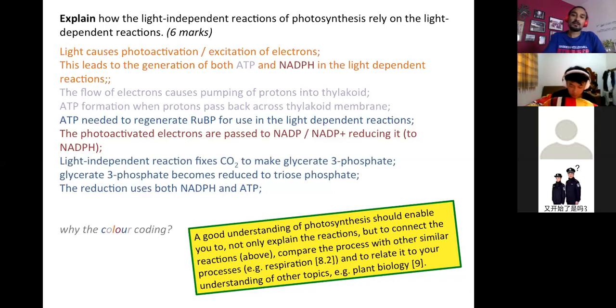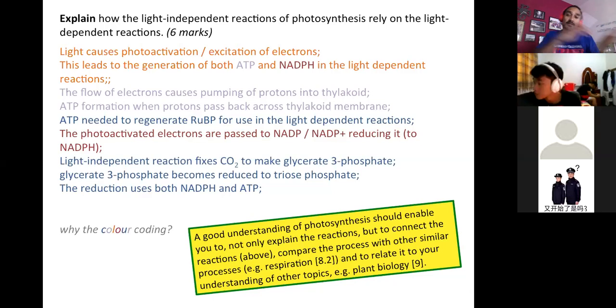I really like the yellow box that's there. It's really useful, right? The point is not just to memorize every single thing that happens, but to be able to relate these two things, the reactions, and to connect them. One, connect them between the light dependent and light independent.